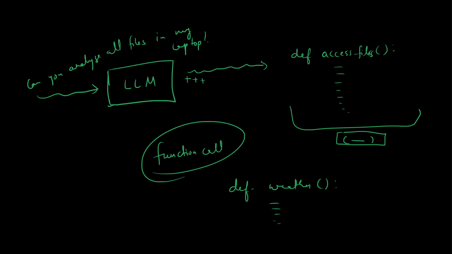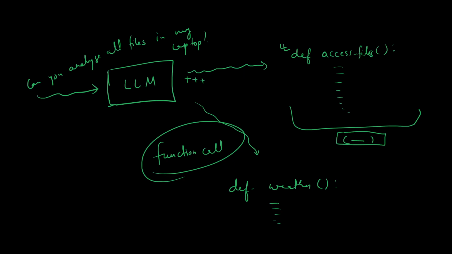So when you ask an LLM, hey, analyze all files in my laptop, the LLM totally understands that even though it has two tools connected to it, it has to choose this specific tool. So the LLM is acting as a brain to understand which specific tool it has to select. That's called simple function calling.